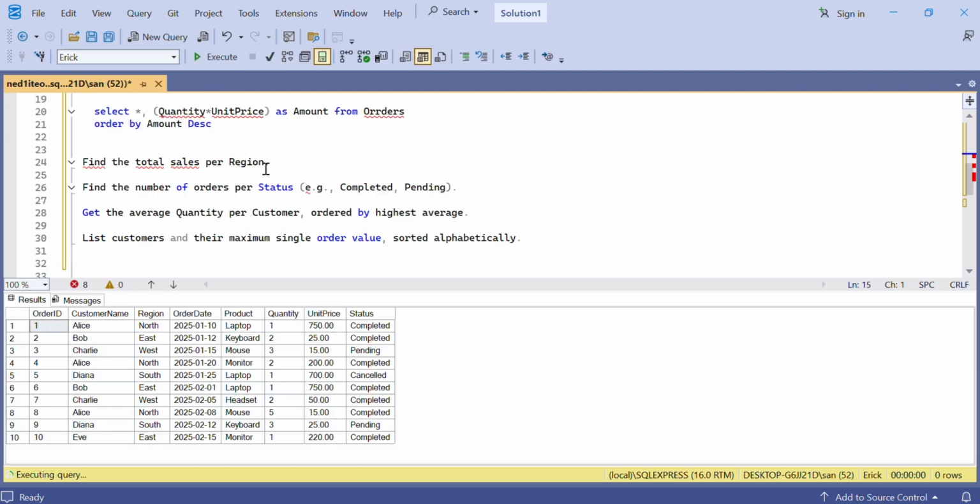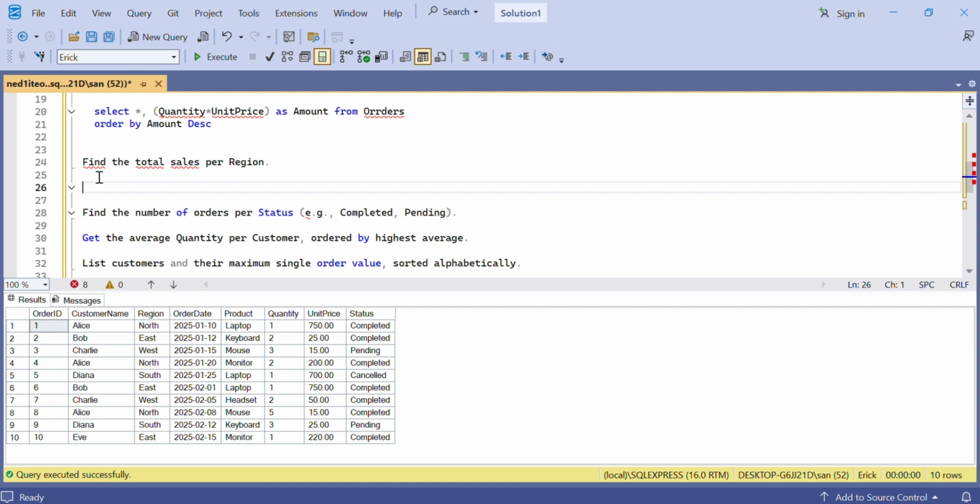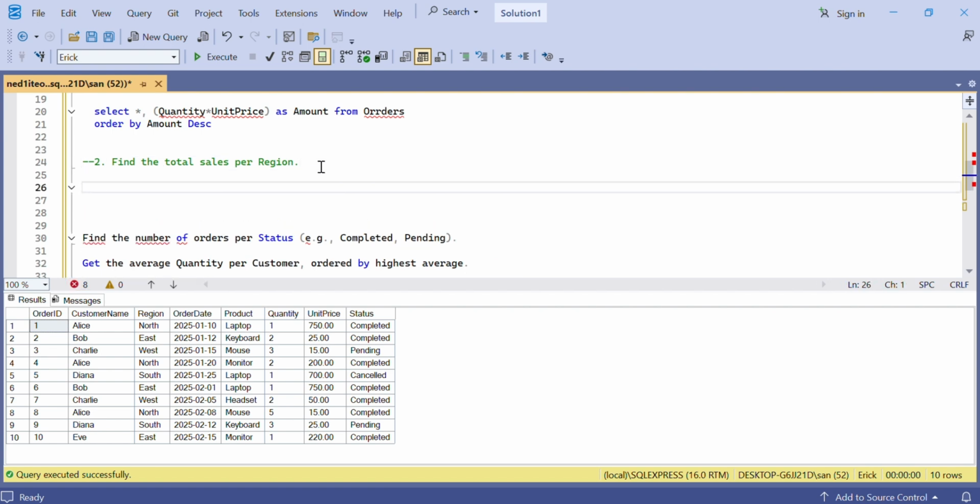Our second question is to find the total sales per region. For this one, you will also have to find the total sales, and then we GROUP BY each region. So I'm going to SELECT region, and then we'll calculate the total sales.